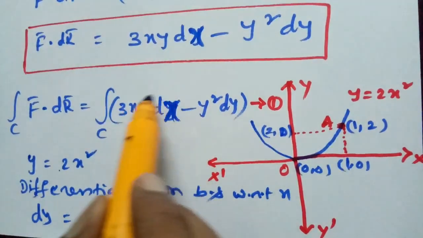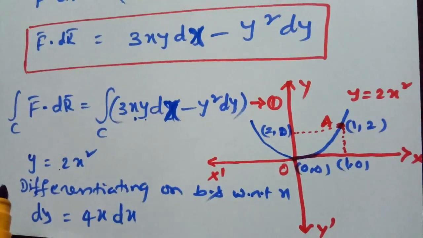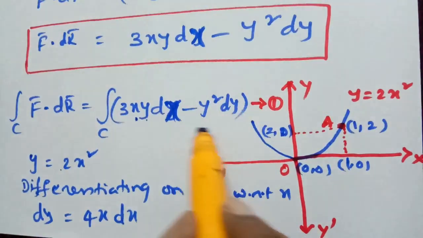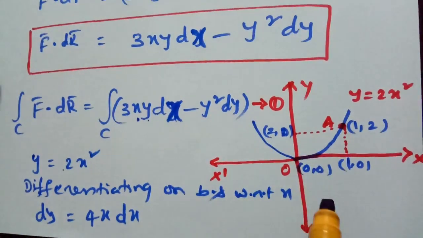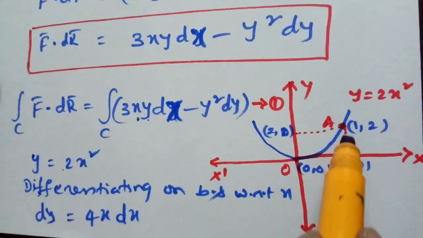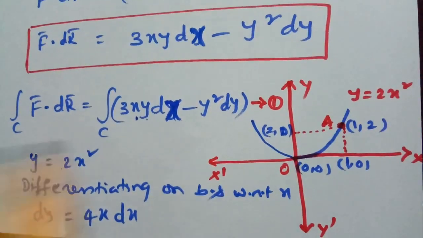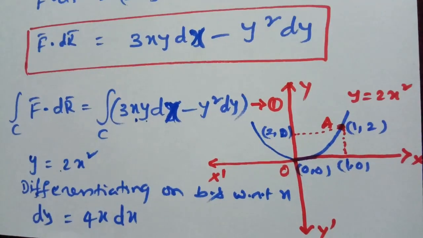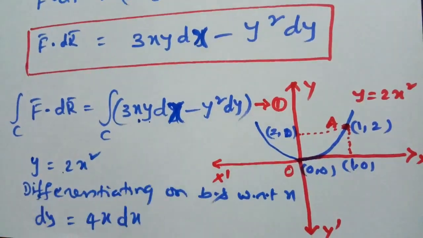You can separately integrate the first with respect to x by substituting y is equal to 2x square, and the second with respect to y without substituting y equal to 2x square, using the limits for y. Or otherwise completely change the given integrand in terms of x.